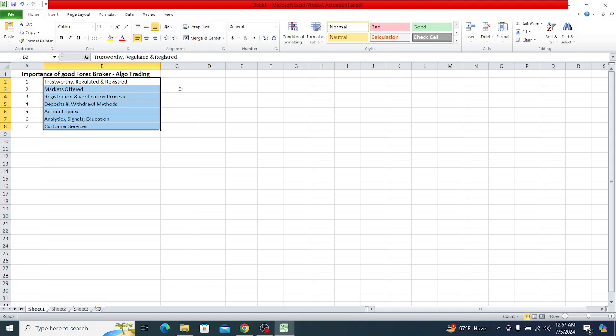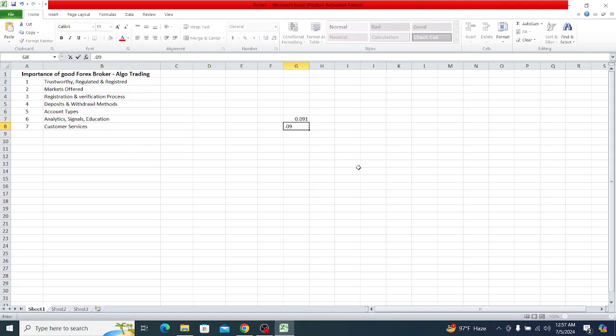So if an algo is opening a position, for example, at 0.091, and the price quickly moves to 0.095, then the 0.091 will be rejected. And if you are in market mode, opening the position at market price, then it will open at 0.095, which will of course affect your profits.